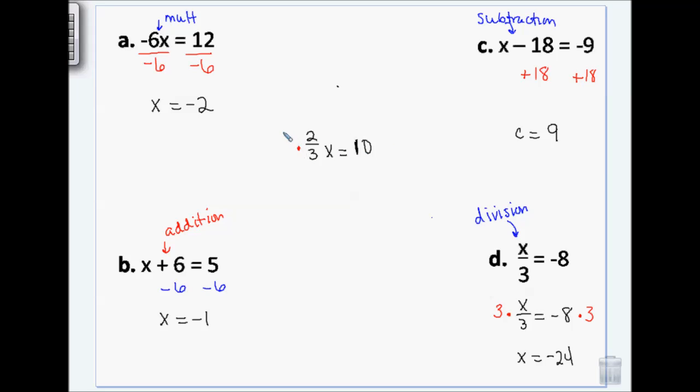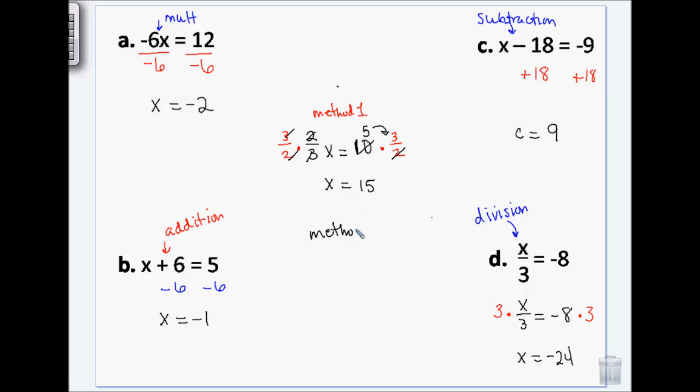I can multiply by the reciprocal. So this is method 1. And if I multiply by the reciprocal, these two cancel and these two cancel, and so I'm left with x. And I say 2 goes into 10 5 times, and then 5 times 3 is 15.